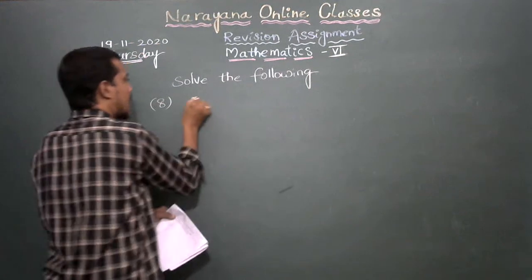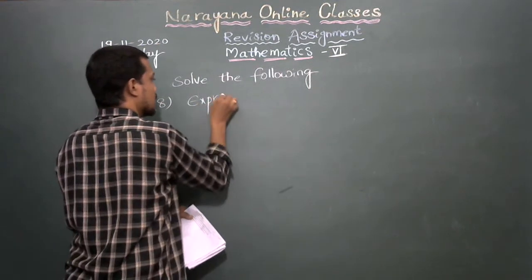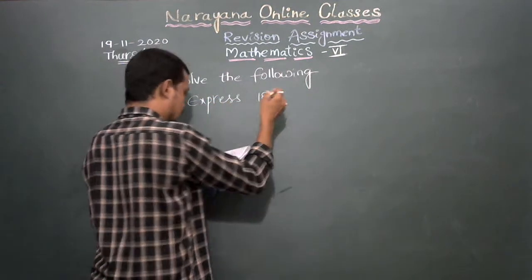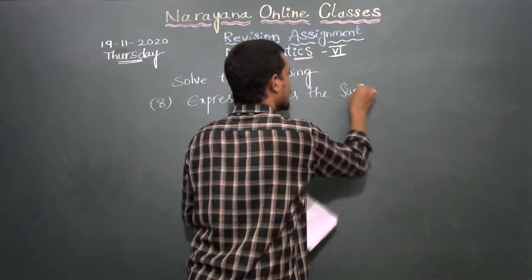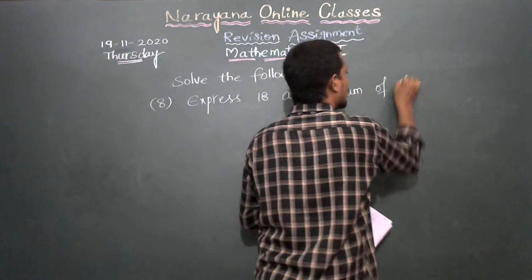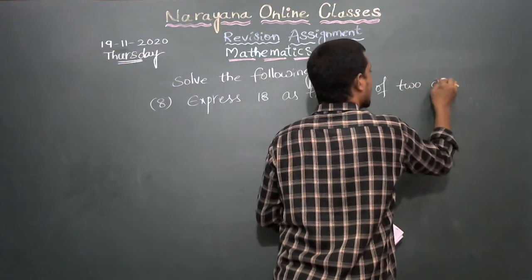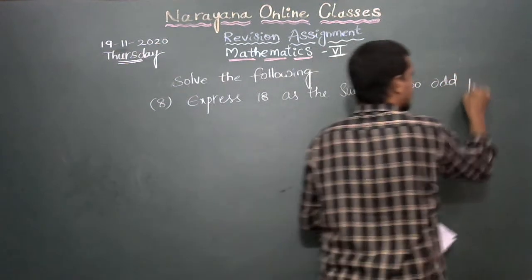Eighth one: express 18 as the sum of two odd primes.